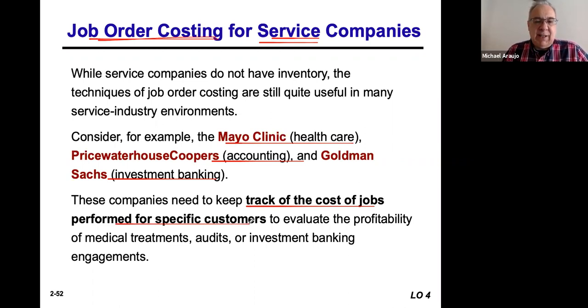And that's very, very important. So they have their own sets of documents and original forms that they are tracking, because they also are in business to make a profit and they have to evaluate the costs very carefully.